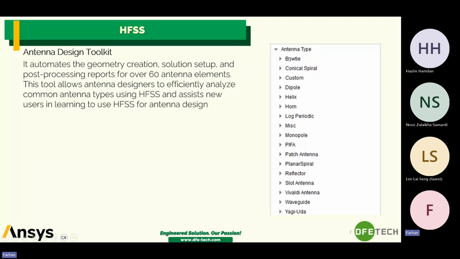These are some of the main antenna types: the bow tie, conical spiral, custom, dipole, helix, horn, log periodic, Radome, miscellaneous, monopole, PIFA, patch antenna, planar spiral, reflector, slot antenna, Vivaldi antenna, waveguide, and Yagi-Uda. So this tool allows antenna designers to efficiently analyze common antenna types using HFSS and assists the user in learning to use HFSS antenna design.